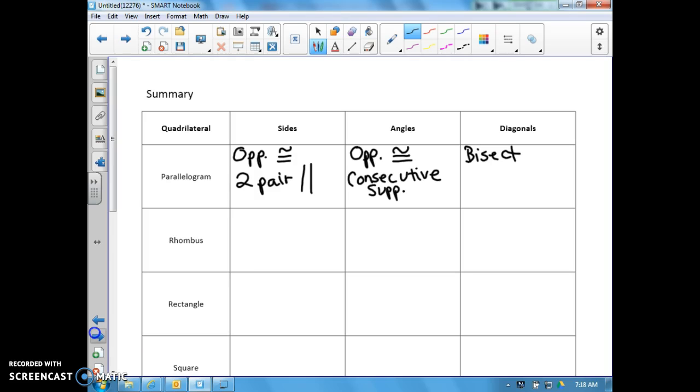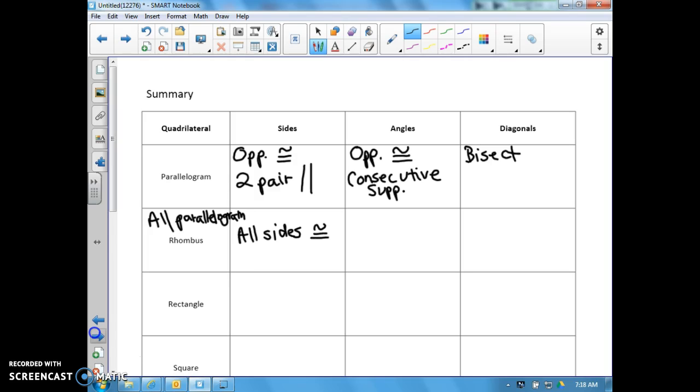Now, a rhombus has everything a parallelogram has, so all parallelogram plus more. In a rhombus, the definition of a rhombus is that all sides are congruent.